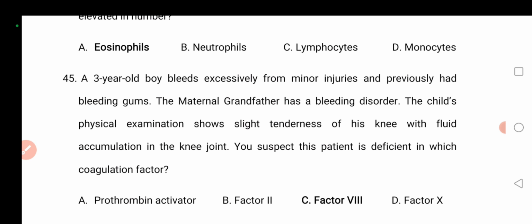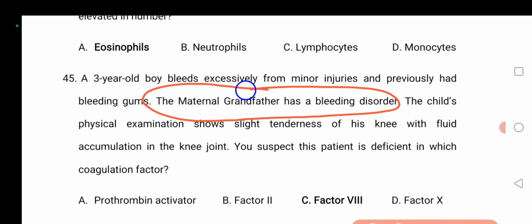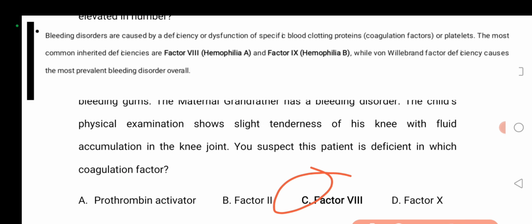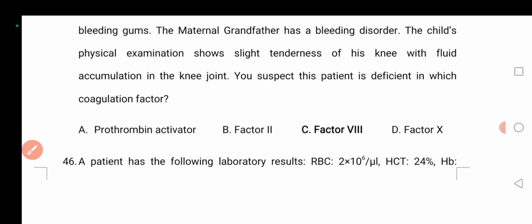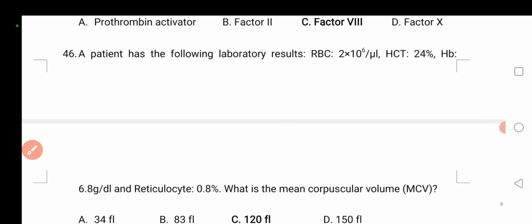These bleeding disorders are inherited, as you can see, the maternal grandfather has a bleeding disorder. Among these options, factor 8 deficiency is the most common cause of this kind of inherited bleeding disorder. So C is the correct answer. Factor 8 is the deficient factor.